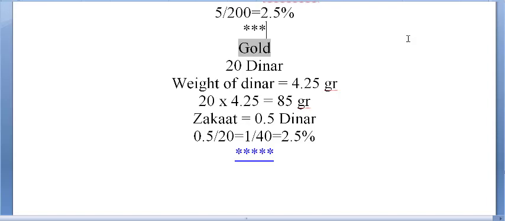So when you have money, and silver and gold were the same, you could take one of them to calculate. What happened? The silver dropped and the gold rose, and the money is still there. So when you want to calculate, are you taking the lower threshold with silver, or the higher threshold with gold? We will look at that later, inshallah.